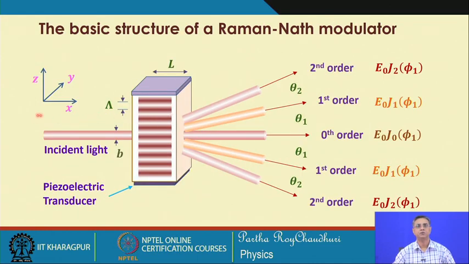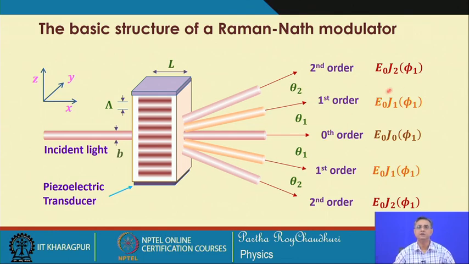So, the schematic of this Raman-Nath type of modulator is: you have an incident beam which is incident normally, and this is the beam width. You have this acoustic wavelength capital lambda, and the beams are diffracted. This is the 0th order beam, plus 1 order, plus 2 order, minus 1 order, minus 2 order, and so on and so forth.